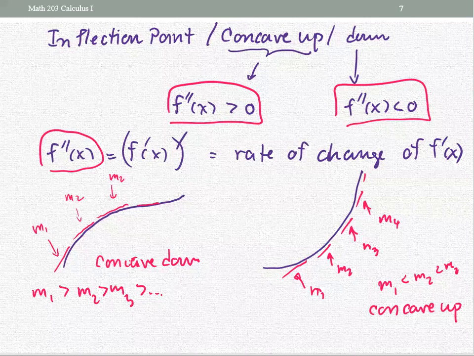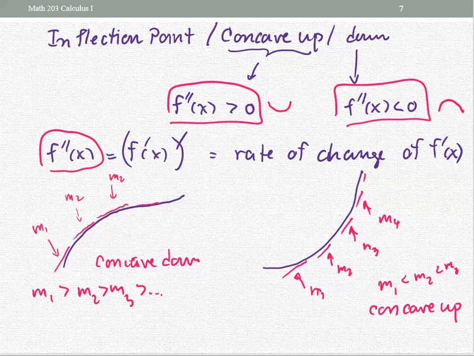For the analytical way, you find the second derivative. If the sign is positive, the graph is concave up. If the sign is negative, concave down. And I use an emoji notation: f double prime greater than 0, I'm happy. Less than 0, I'm not happy.